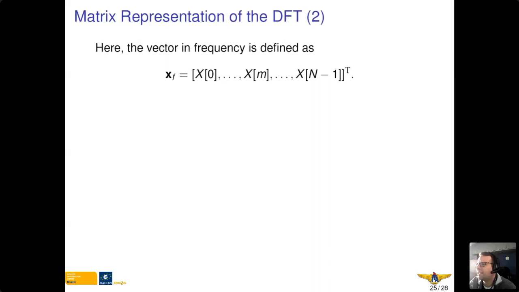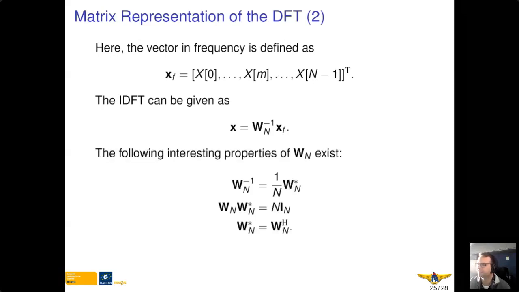So let's say that X of f is the vector of the DFT of the elements of the vector x. The IDFT can then be given by multiplying X of f with the inverse of the matrix Wn from the left-hand side, and we arrive at the vector x again.